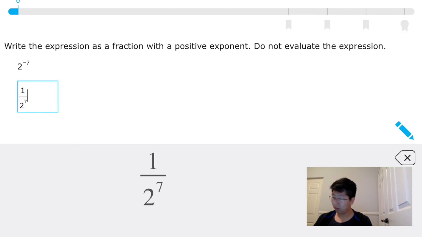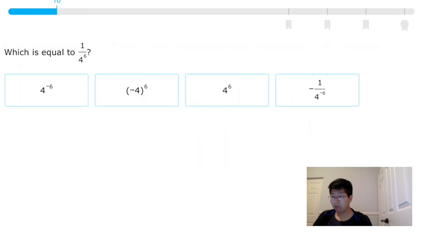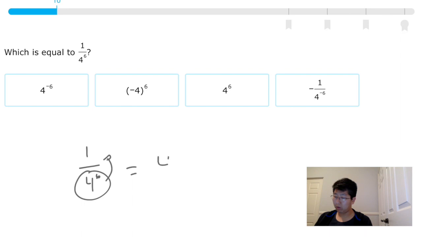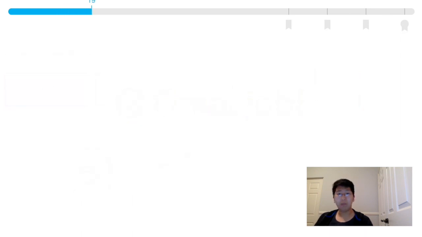Let's be a little bit more clear. Okay. So which one does this equal to? Well, if we look at this, right, we have 1 over 4 to the 6th, but we want to bring this to the top, so we're going to say this is 4 to the negative 6. So here we go.